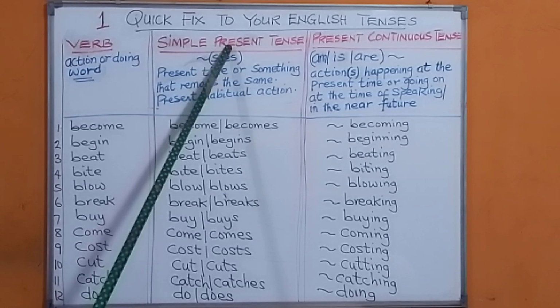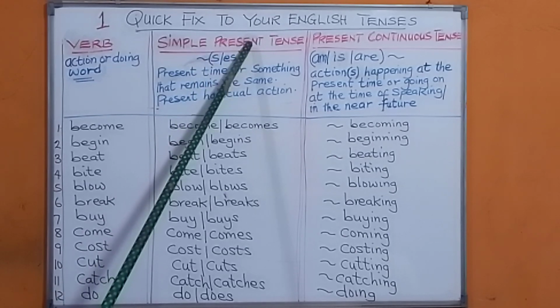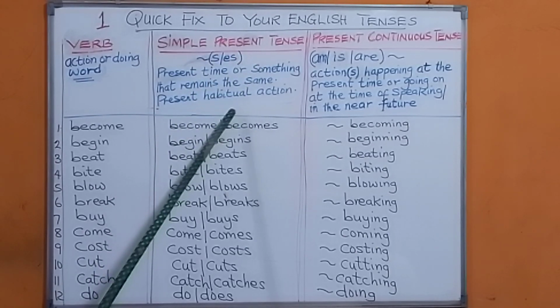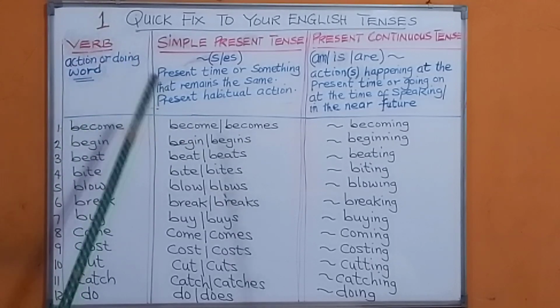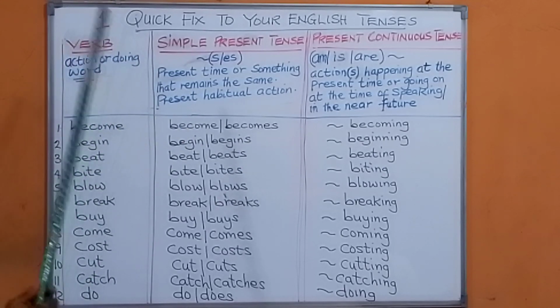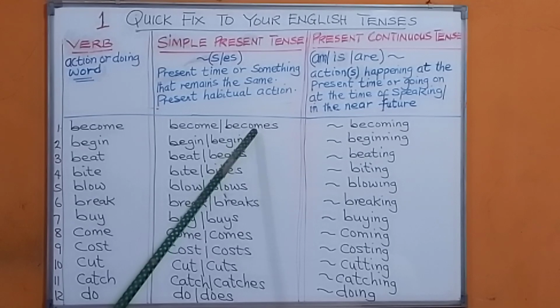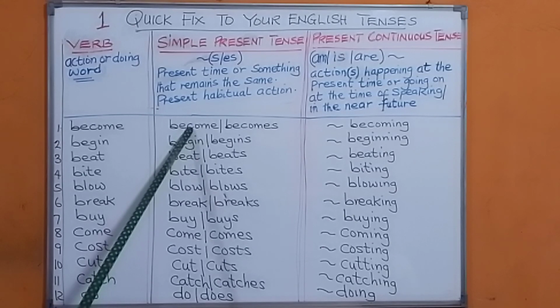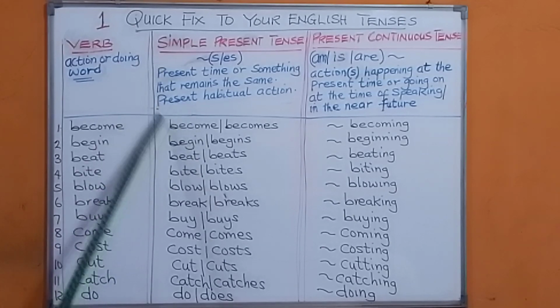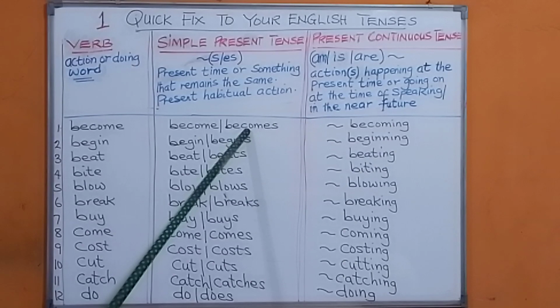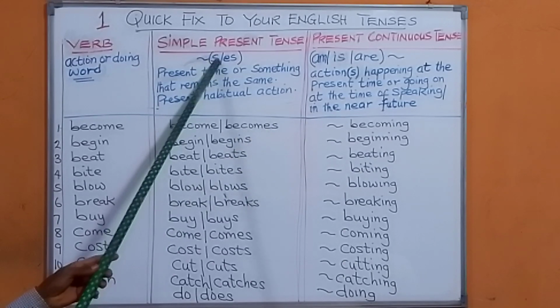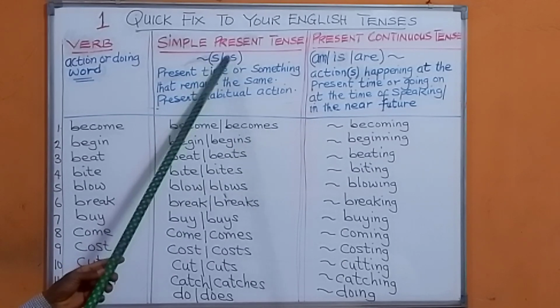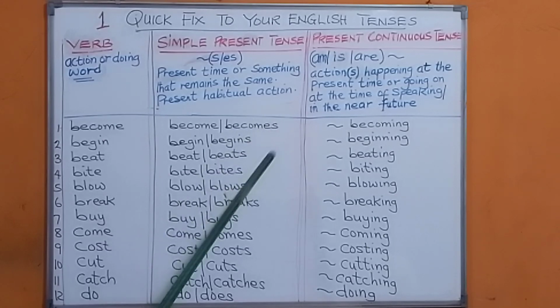If you are talking about an event in the simple present tense and that event is one event or one habitual action, you are going to add s to that. So if there are many, you don't add s to the verb. If it's one, you add es or s to the verb. We're going to come to that.